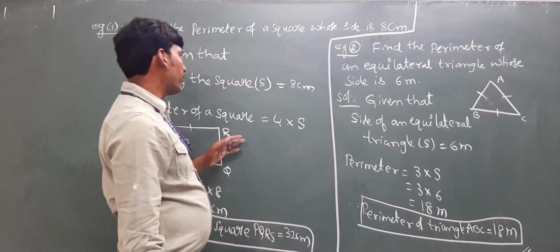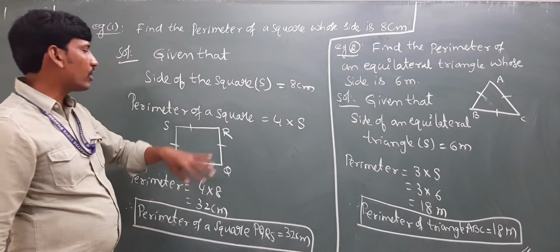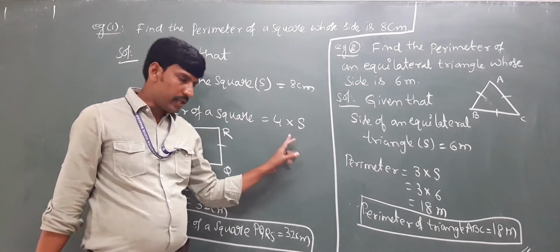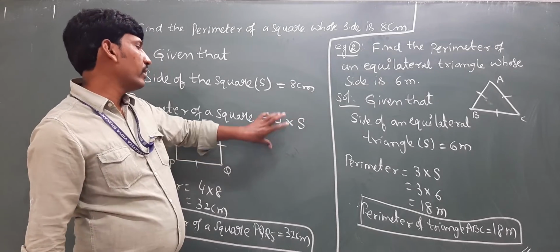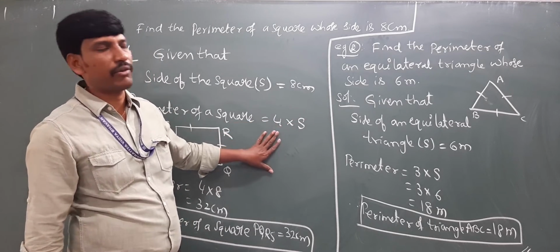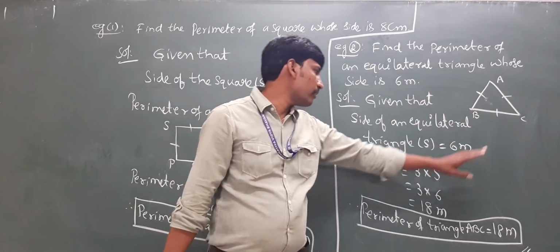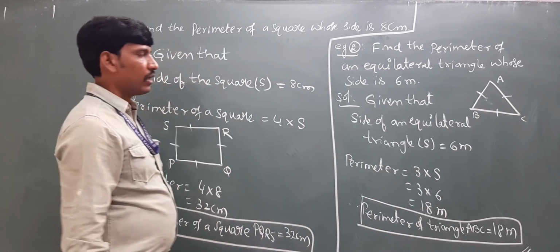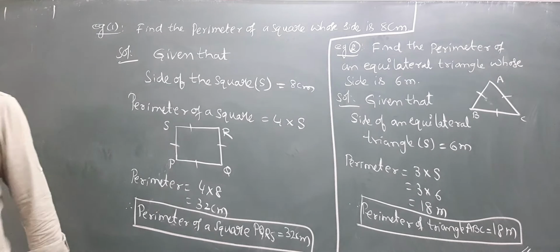To find the perimeter of a square, how much is it? Perimeter of a square is equal to 4 into side. Here, 4 sides are there, so you are multiplying with 4. Here 3 sides are there, that's why you are multiplying with 3. Okay. Now let us discuss your exercise questions.